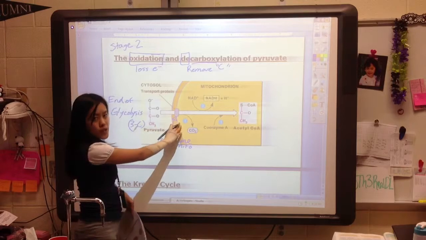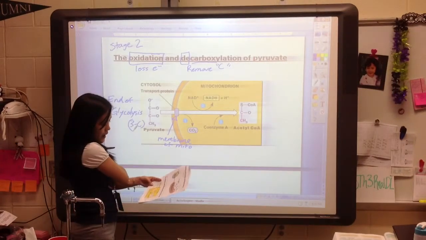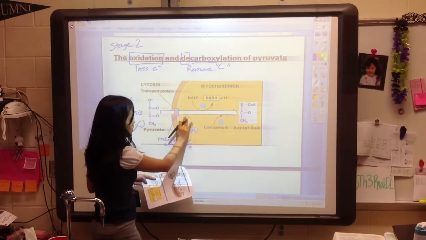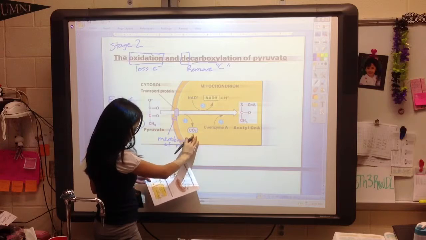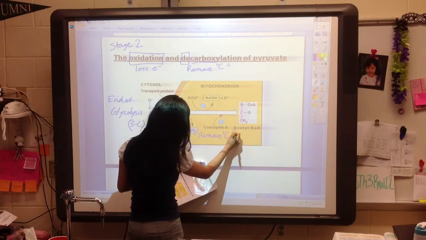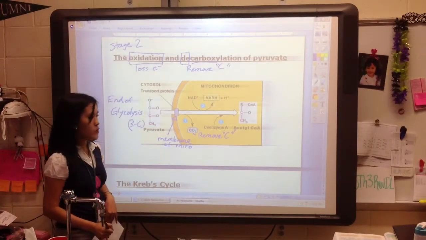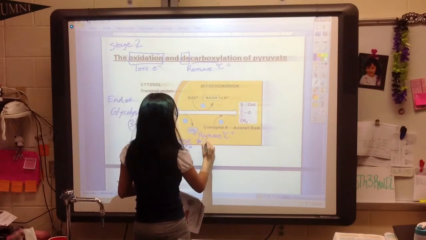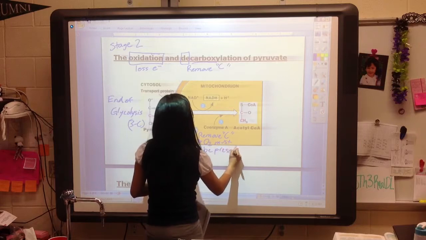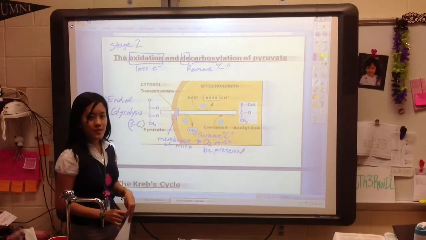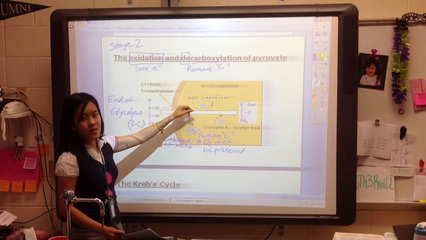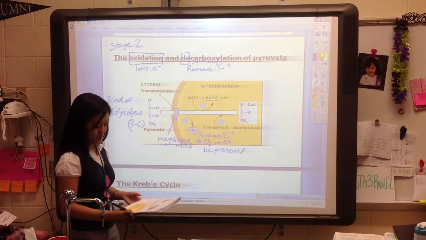It goes through a transport protein, and while it's moving through the membrane, that protein will remove a carbon. And whenever this carbon is removed, we have to have oxygen present. So O2 must be present. We don't know why the oxygen has to be present, but it just happens to be that it has to be there. If oxygen is not present, then this reaction will not continue.